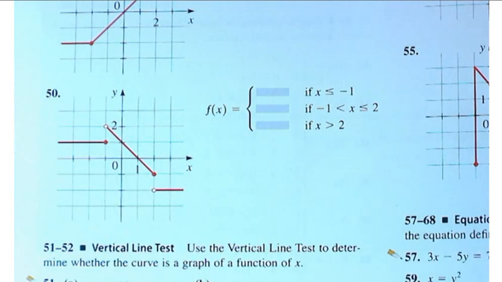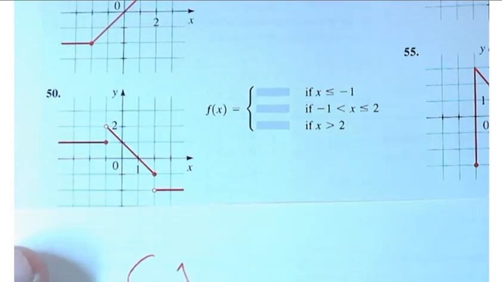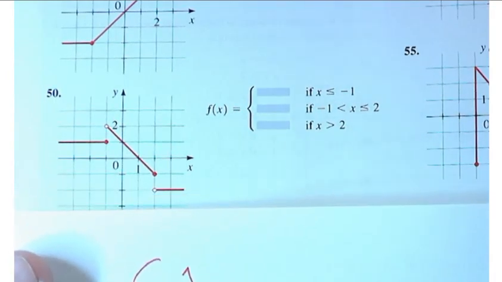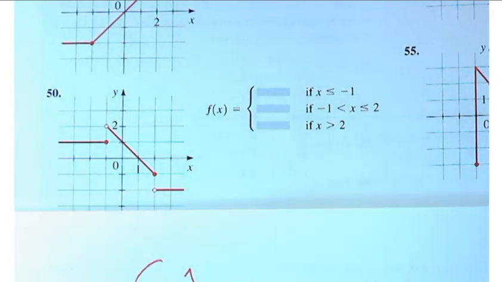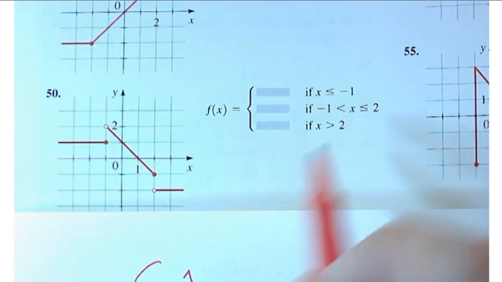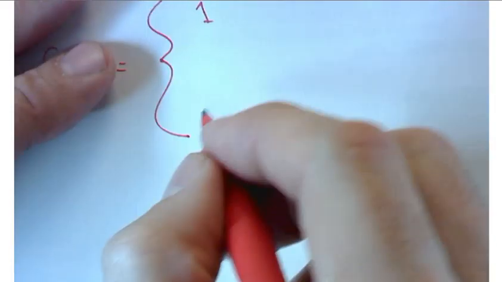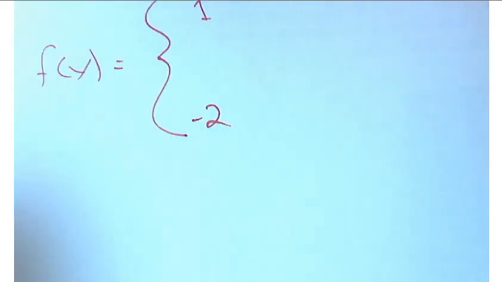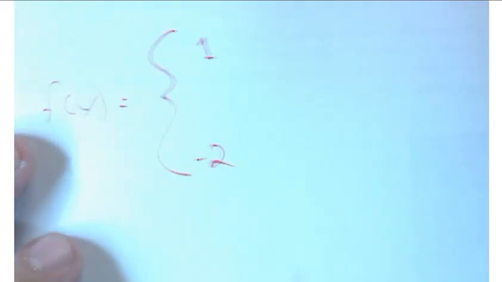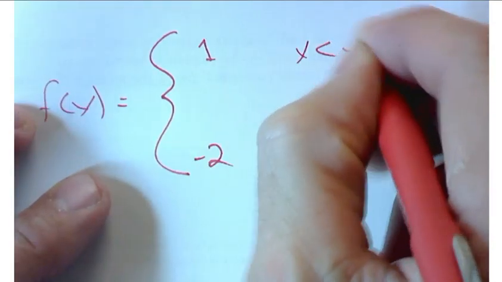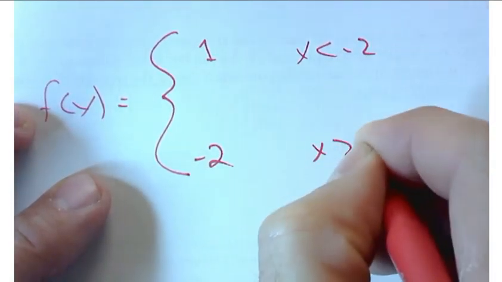F of x equals 1. Let's do the other easy part before we do the hard part. What's the other easy part going to be? For x greater than 2, what's the function? -2. So I've got those two pieces of it. And that's for x less than -2 and x greater than 2. I need this piece.